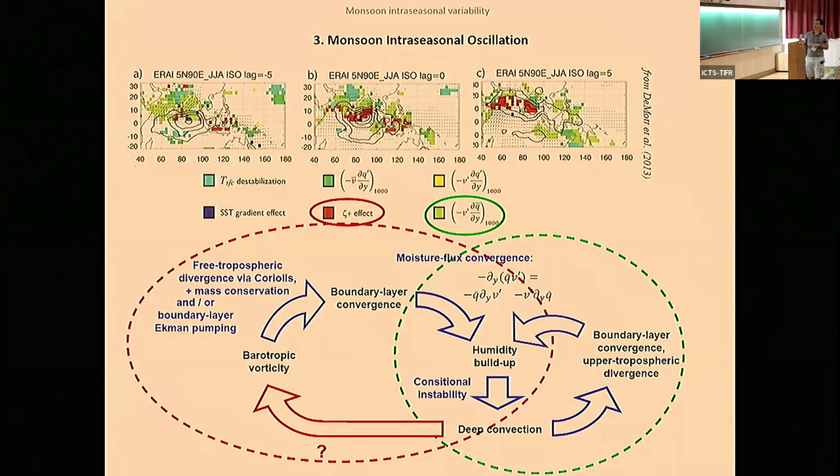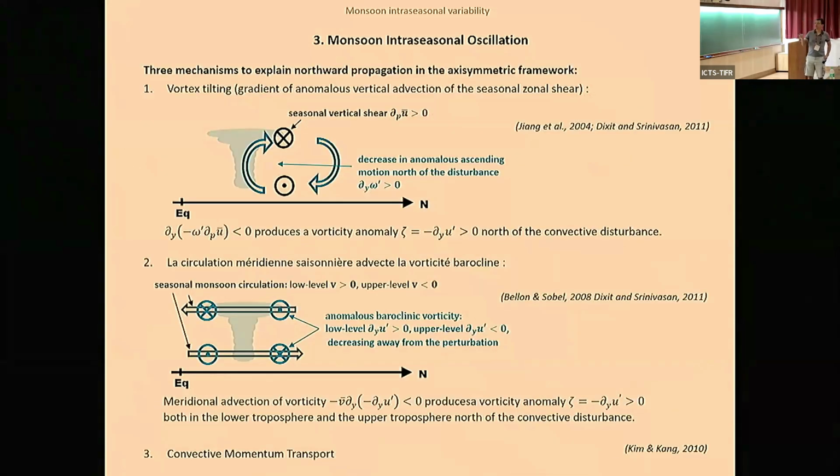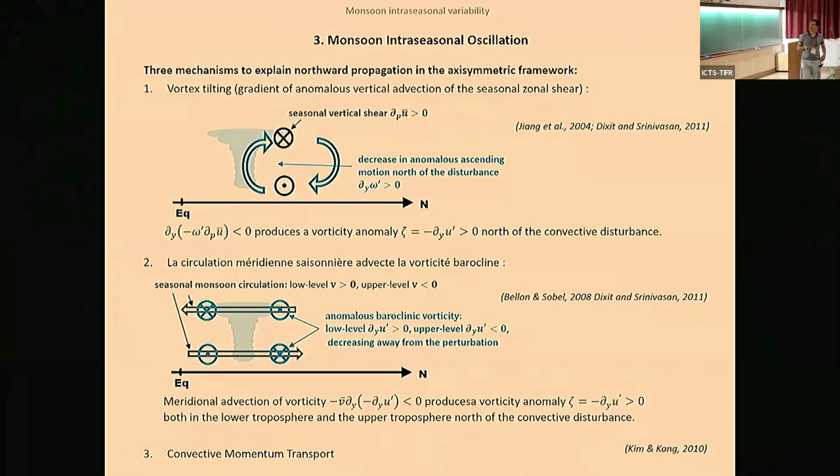So now I'm going to show how people have been working on this link here in the axisymmetric framework. The first idea came from Jiang et al. And the idea was essentially vortex tilting north of convection.